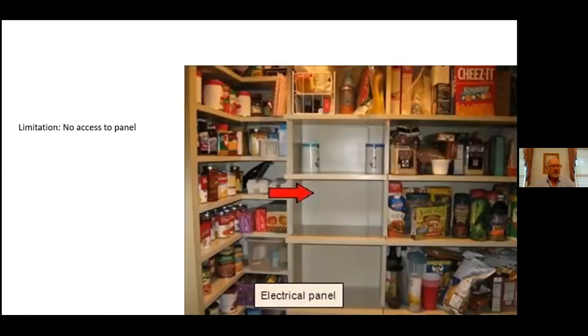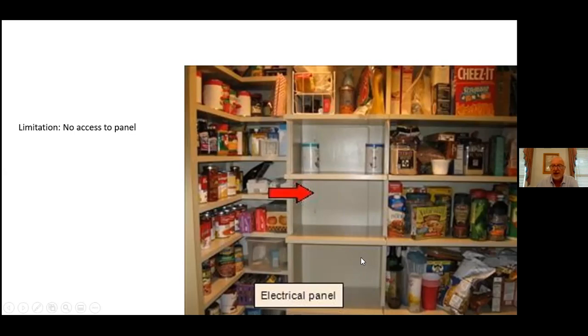We've got to have access to our electrical panel. And the requirement is 3 feet by 3 feet, 3 feet wide, 3 feet deep. We have to have clear access to that panel. As you can see here in this pantry, this one is behind all of the shelving, and we do not, as inspectors, start taking shelving apart, moving all of this stuff to get to it.